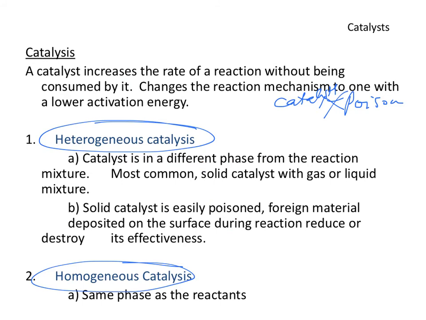So let's say you have a liquid catalyst and your reactants are liquid, it all becomes one gigantic solution, or everything is in gas, you would use the word homogeneous. On the other hand, if you have different phases, for example your reactants are liquids or gases, and the catalyst that you put in is a solid, you would use the word heterogeneous catalysis.